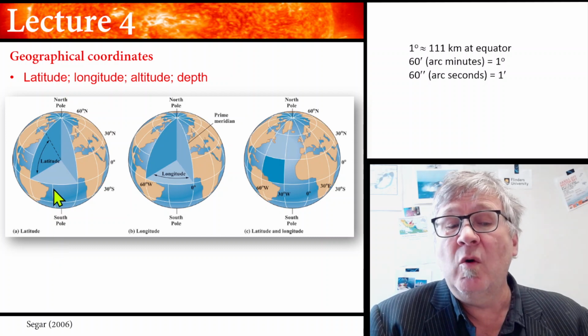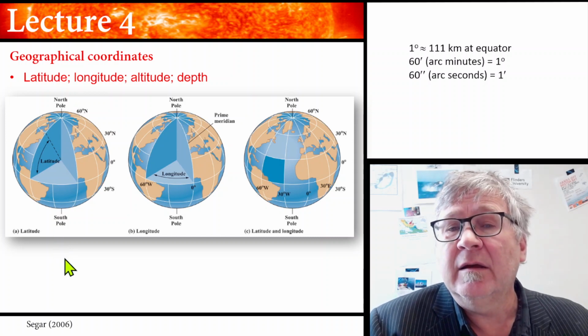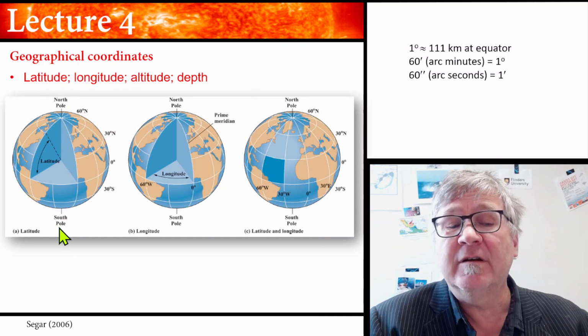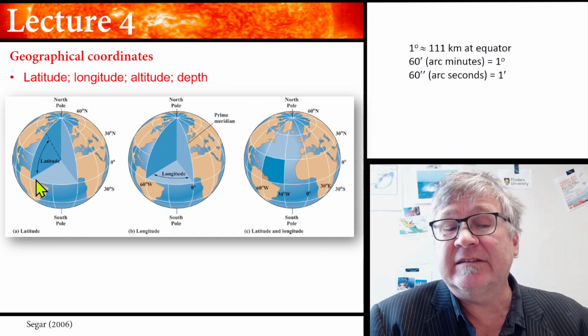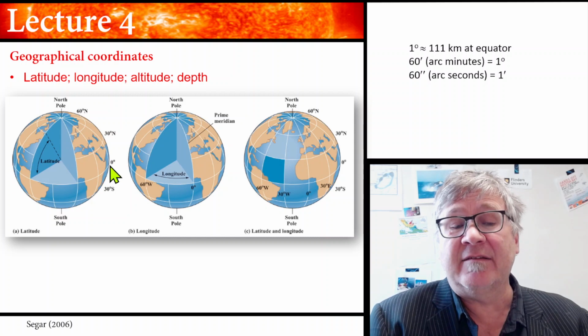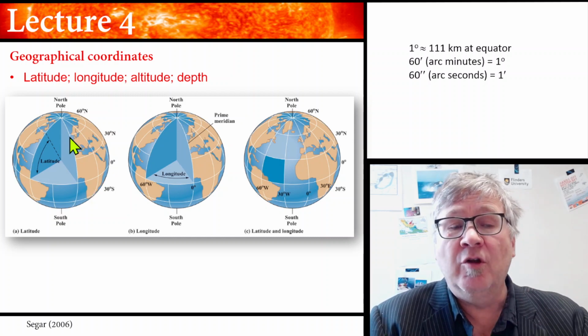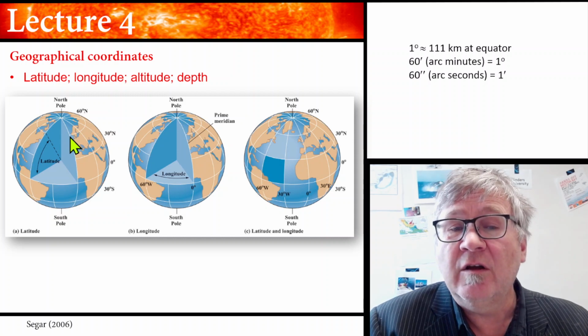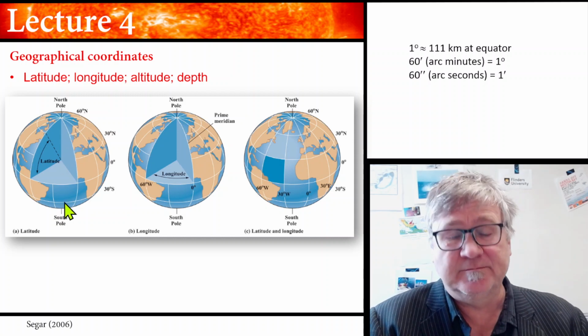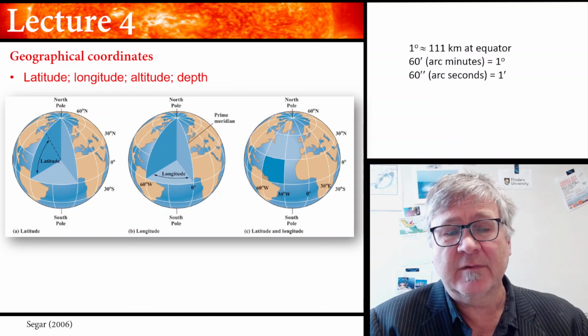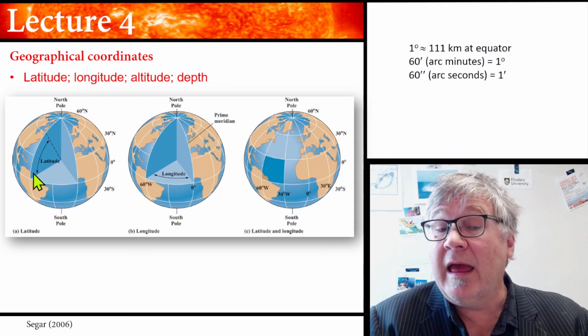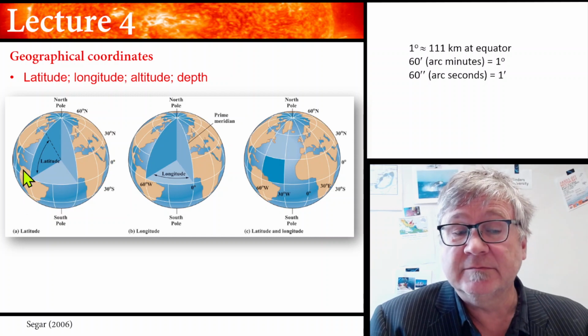If you now cut the Earth in half, perpendicular to the axis, you actually separate the northern hemisphere from the southern hemisphere, and you define the equator.